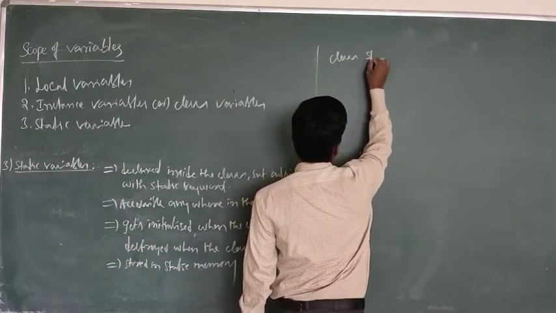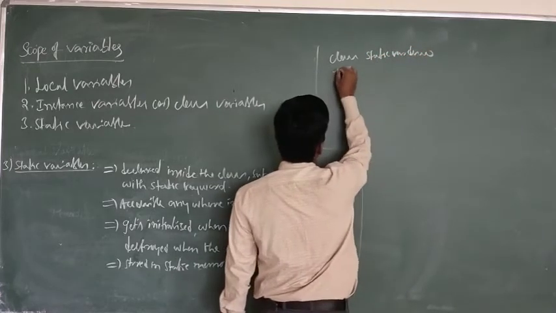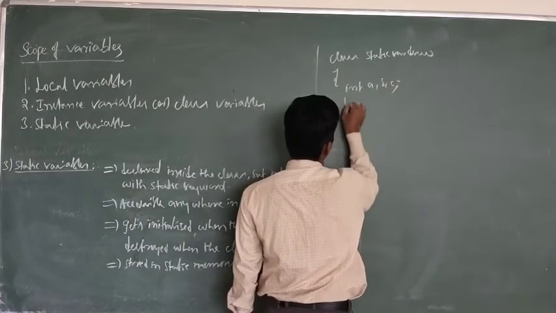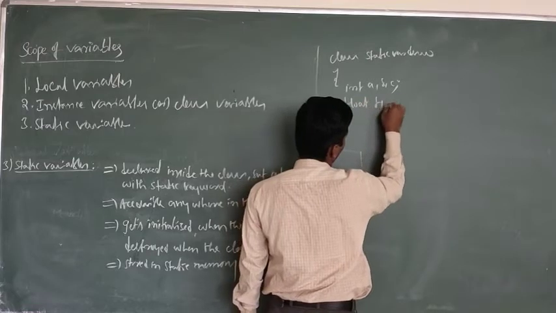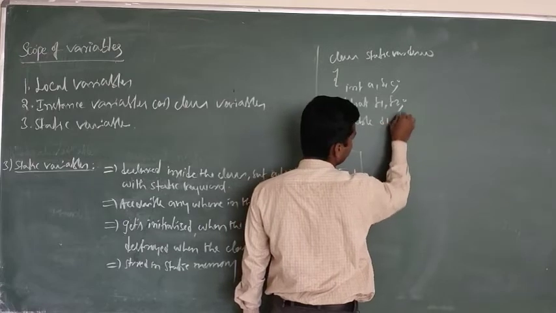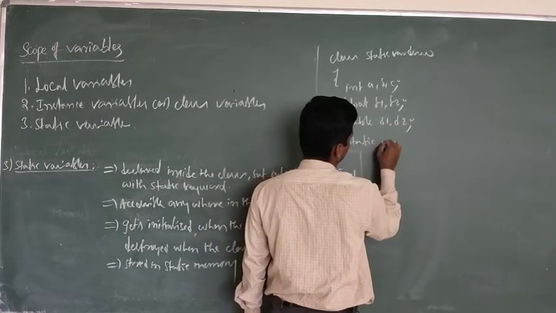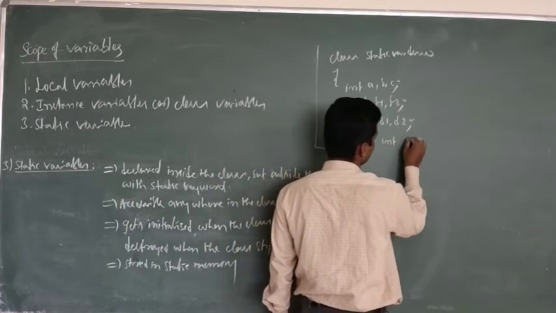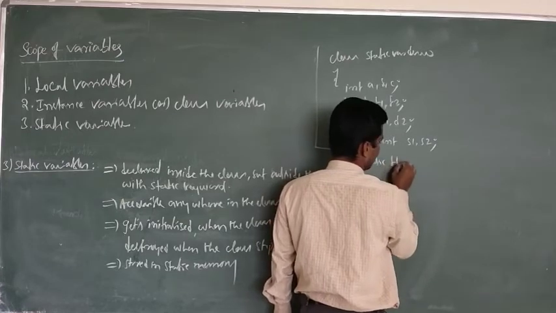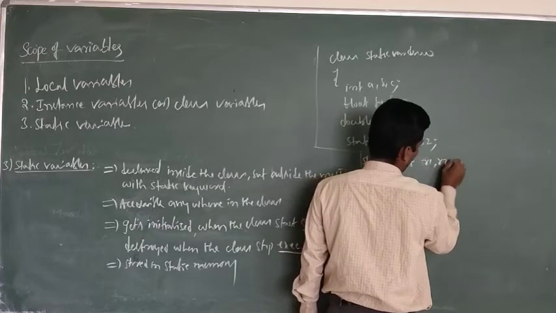Class StaticVariableDemo. int abc; float f1, f2; double d1, d2; static int s1, s2; static float r1, r2.